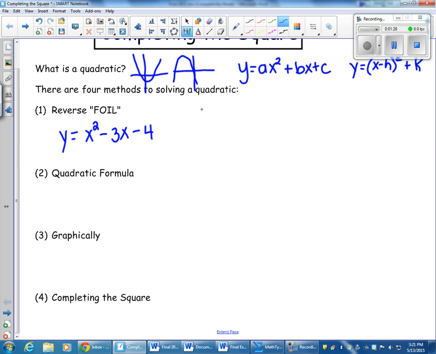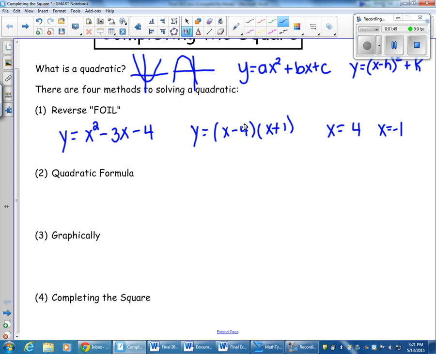You guys learned the x method. We can factor it. And then we can solve it by setting each part equal to 0 and getting x equals 4 or x equals negative 1.